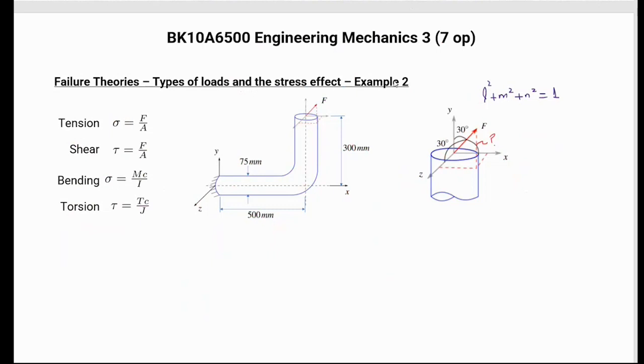If you take, for example, this is L, this is M, and this is N, then you say, I don't know N squared, but it has to be added to the cosine of 30 squared and the other cosine squared, and that's equal to 1. Then you plug in the other one, and you've got it.